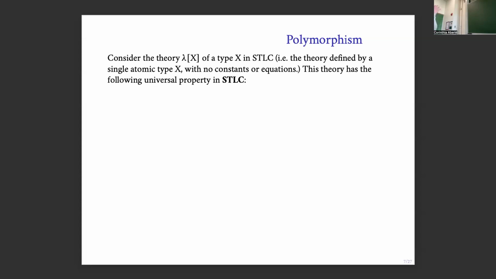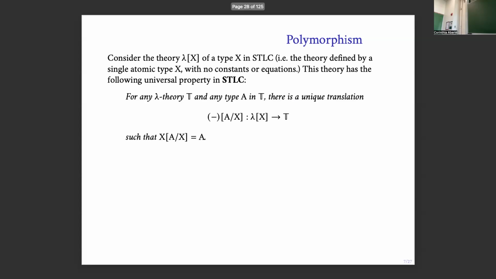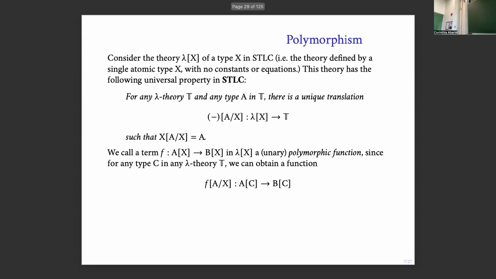This theory has the following universal property in the category of lambda theories: for any other lambda theory T and any type A in T, there's a unique translation from λX to T that just substitutes A for X everywhere.